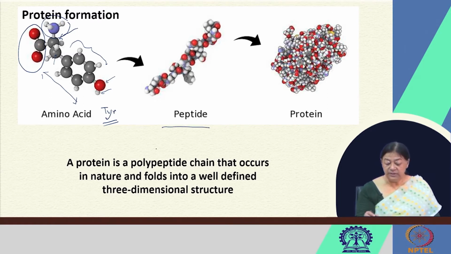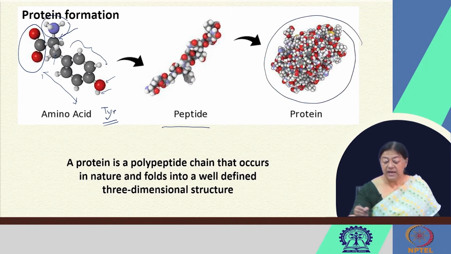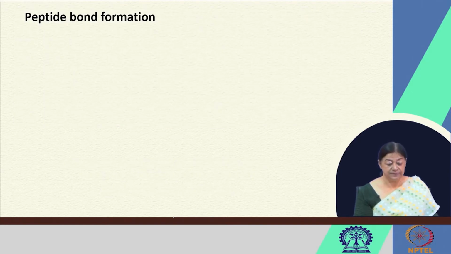So, the protein then forms this structure that we see on the right here, that is a measure of the folding of this polypeptide chain, which we will see in subsequent classes. The protein itself is a polypeptide chain that occurs in nature and folds into a well defined three-dimensional structure. We will talk about folding and characterization and more about the structure in later classes.